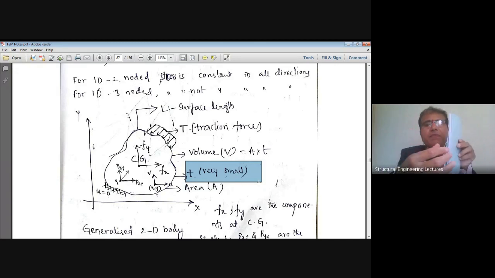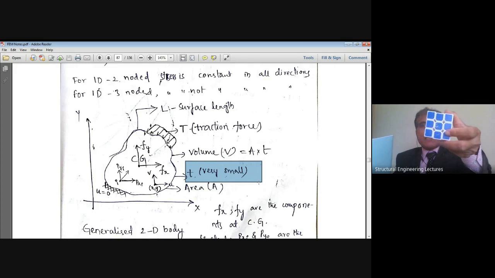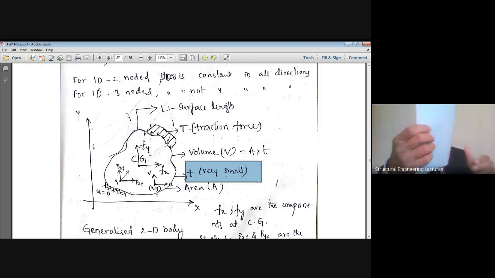If the thickness is also very large, then that is not a 2D continuum. Then that will become a 3D continuum like this. You can see here that length, breadth and depth are all almost equal and measurable quantities. Whereas in a 2D continuum, the thickness is very small compared to the other x and y dimensions.